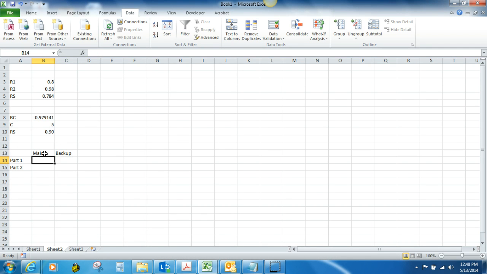Okay, so this is going to be 0.80, and this is 0.80. And then our backup here, this is supposed to be 0.98, and then our backup over here is 0.80. Okay, so the first thing that we have to do is calculate the reliability of this system with the 0.8 and the 0.8.